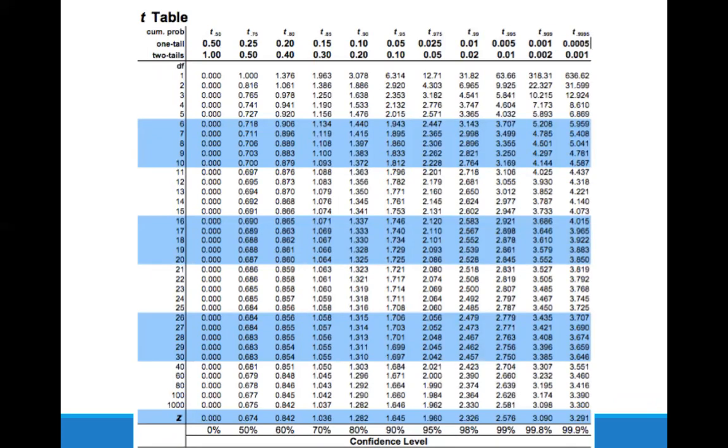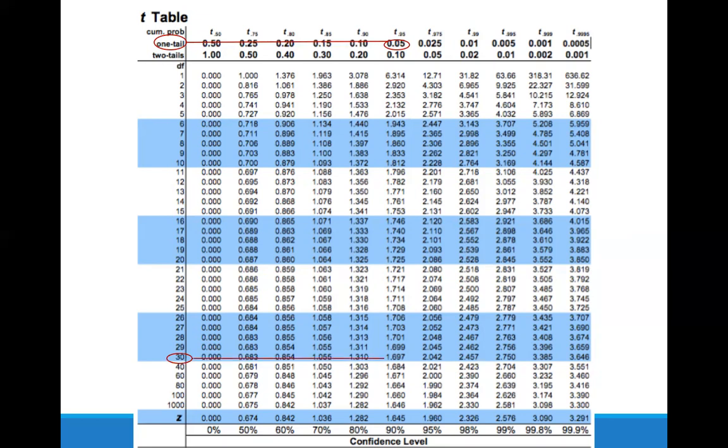All right, so here, to locate the critical value, we have to consider the type of test. So we know that it's one-tailed, and the level of significance is 0.05 or 5%. The computed degrees of freedom is 30. So on the extreme left, we have the values for the degrees of freedom. So you locate that one.